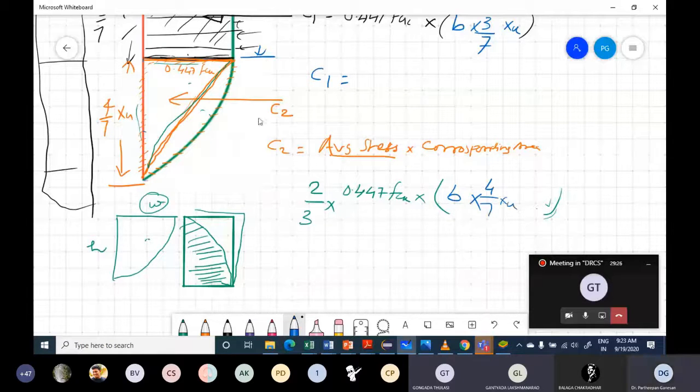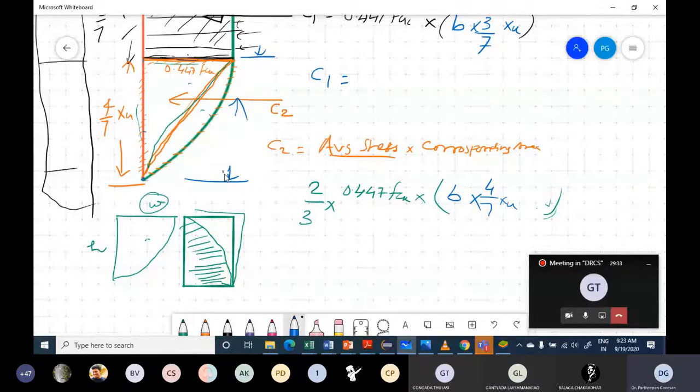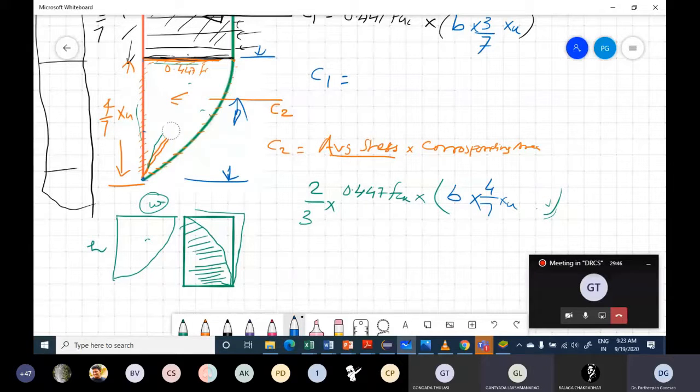Now the question is, at what distance will this C2 act from the tip? 1 by 3 of 2 by 3 of... Again, you are telling for a triangle. See, this is not a triangle, this is a parabola. It is not 1 by 3 or 2 by 3. This is the C2.